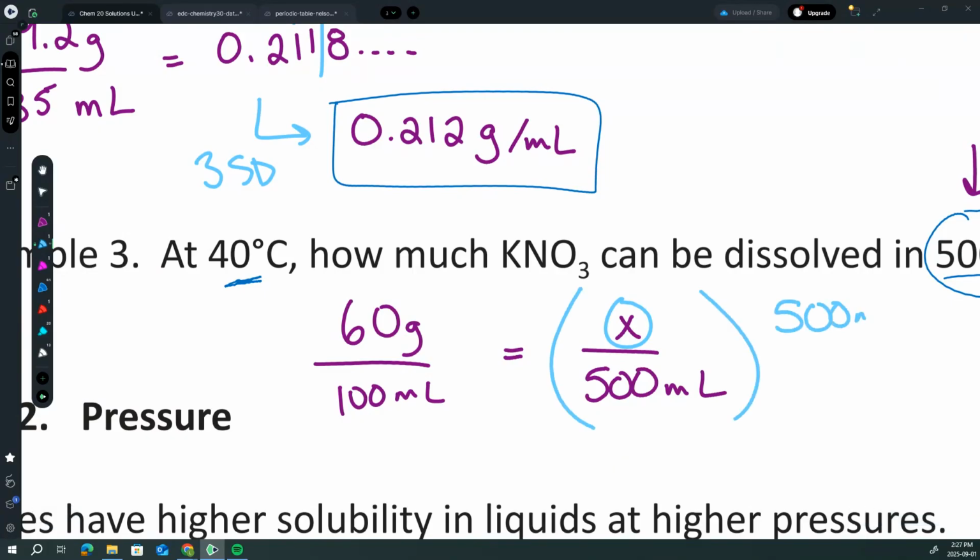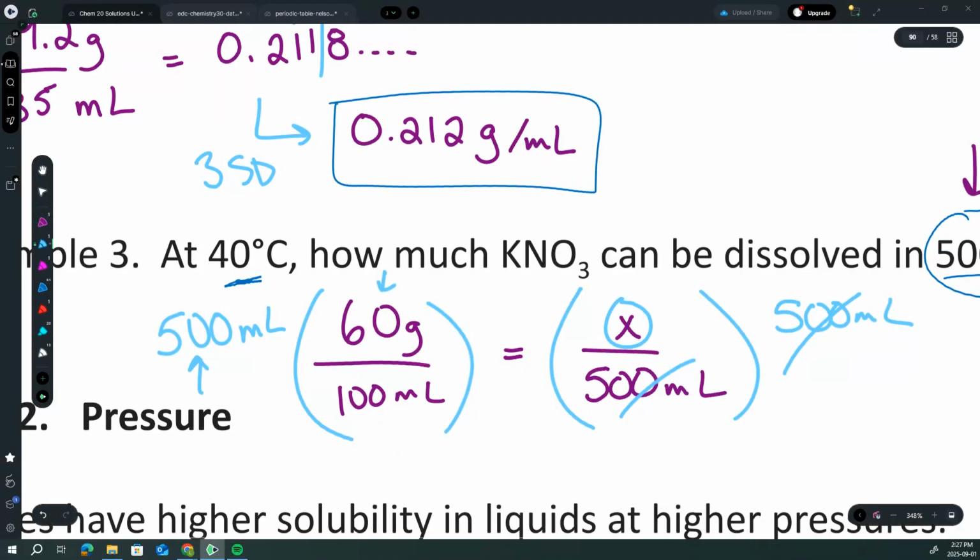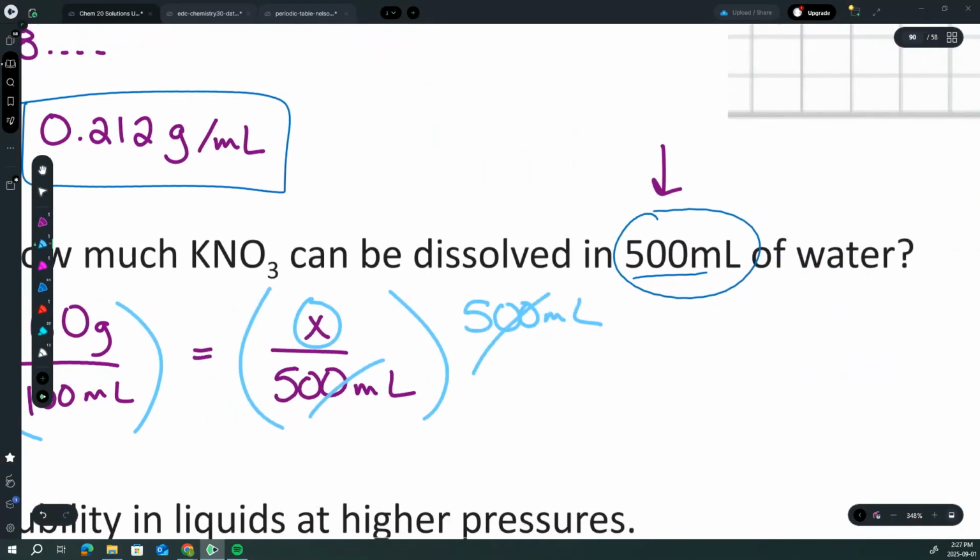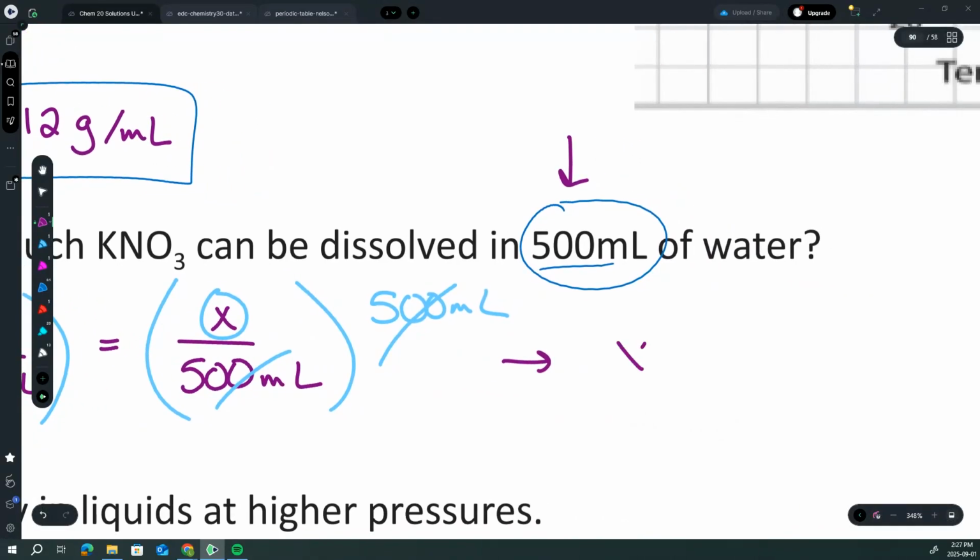What I do to one side, I have to do to the other side. So I'm going to take 500 milliliters, times it by 60 grams, and then divide by 100. So that's going to give me 300 grams.